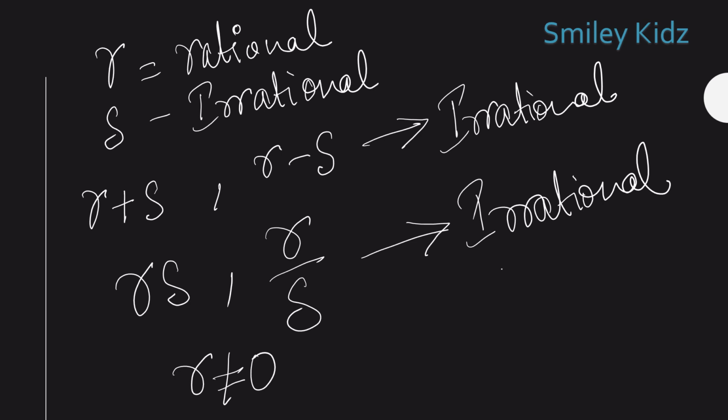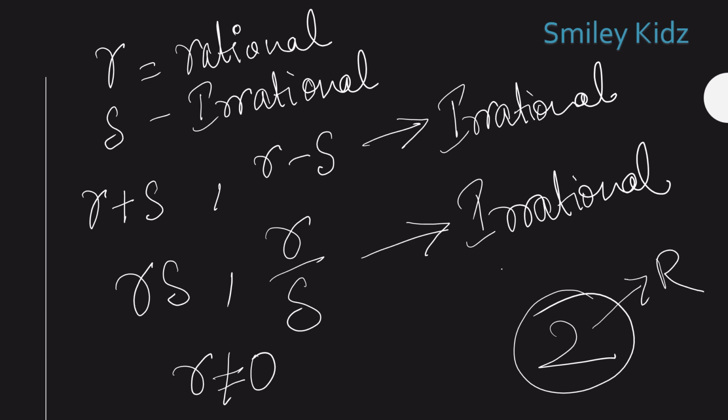But if we add, subtract, multiply or divide any two irrationals, the result may be rational or irrational. Remember this point. If we add, subtract, multiply or divide two irrationals, then the result may be a rational or an irrational.